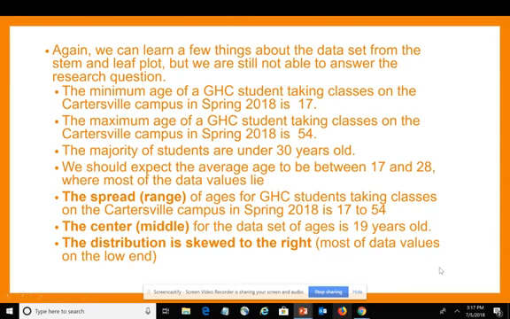Again, we can learn a few things about the data set from that stem and leaf plot, but we still can't really answer the question of what is the average age. We can see that the minimum age is 17, the maximum is 54, the majority of students are under 30.